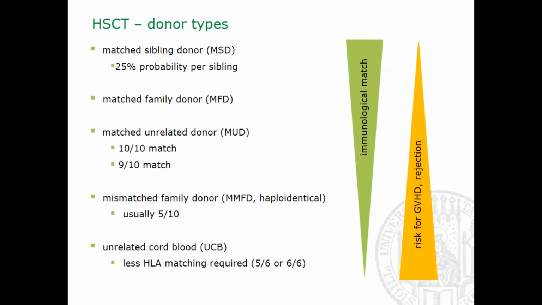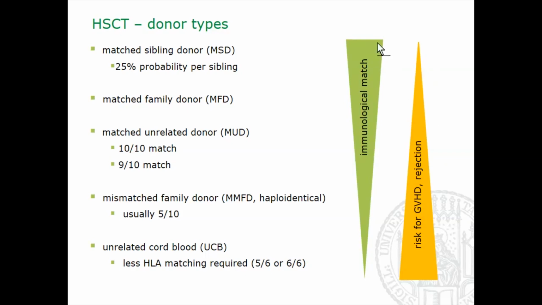However, with cord blood, there's always issues of cell number because the absolute number of cord blood stem cells is relatively low in these preparations. So you not only need to find a match, but it also has to have a good amount of cells.